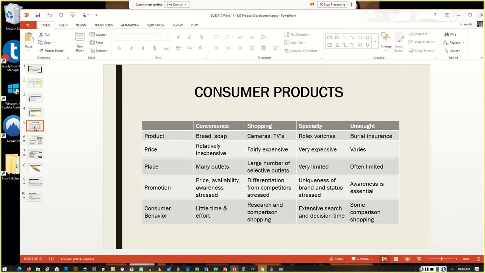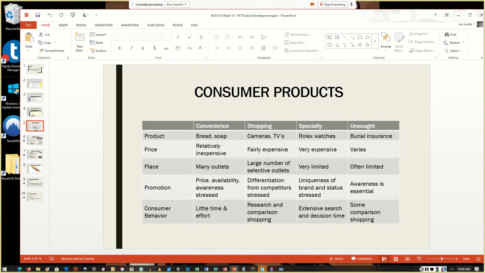Now we'll discuss product development. We've previously discussed how to segment a market, how to target that market's audience and position a product towards the market. But before we can position a product, there must be a product.